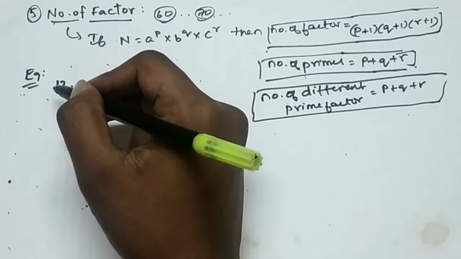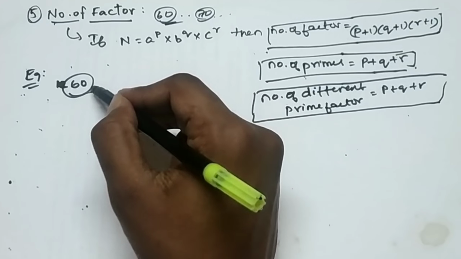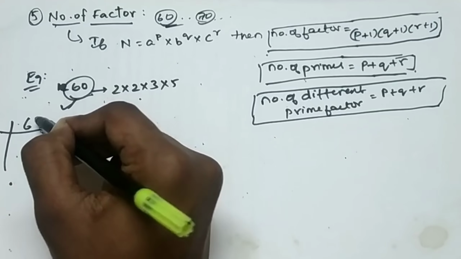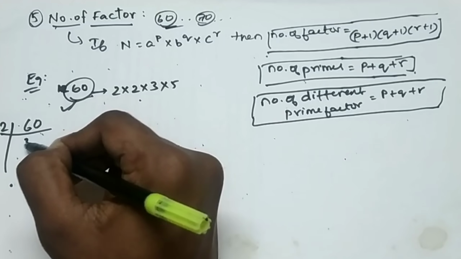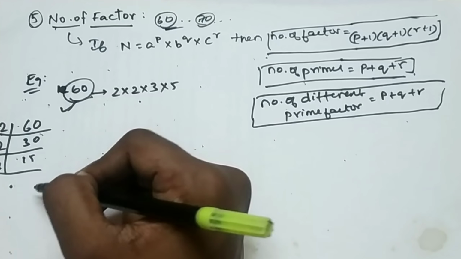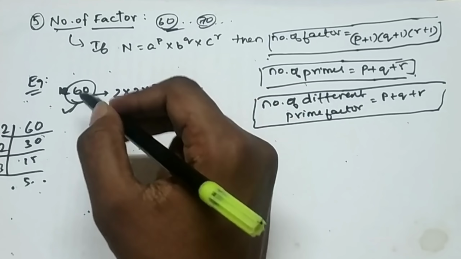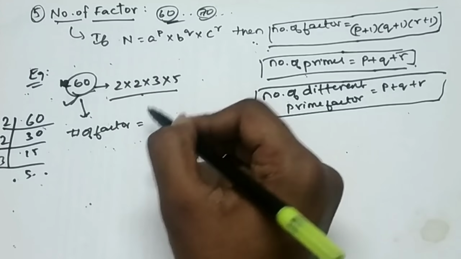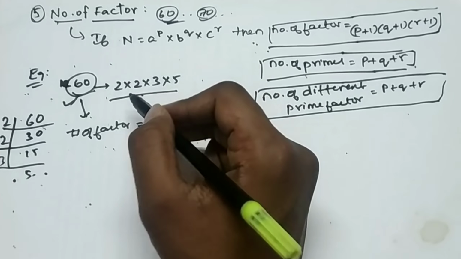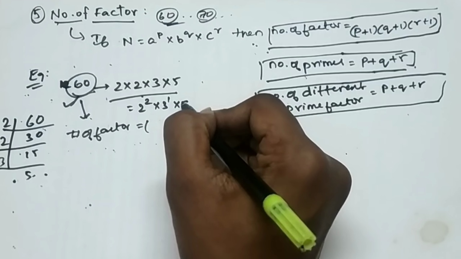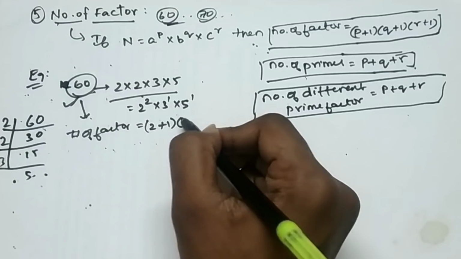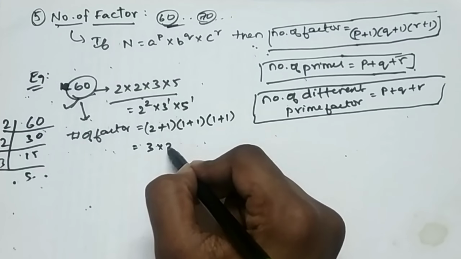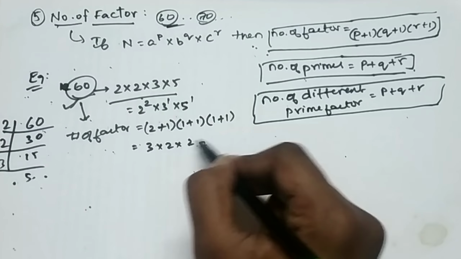The example will be 60. To see how many factors there are, we will find the multiples. By division we get 2 into 30, 2 into 15, 3 into 5. For the number of factors we need to know the powers, so 2² into 3¹ into 5¹. Add one to the powers: (2 + 1)(1 + 1)(1 + 1), so 3 into 2 into 2 is 12.